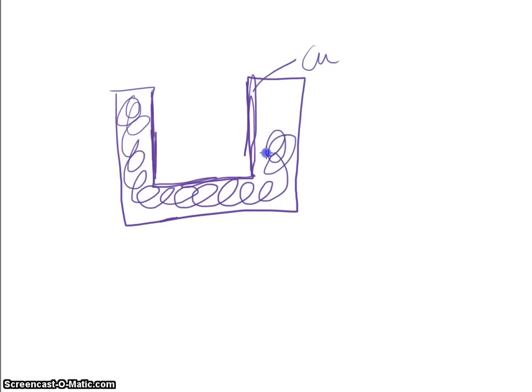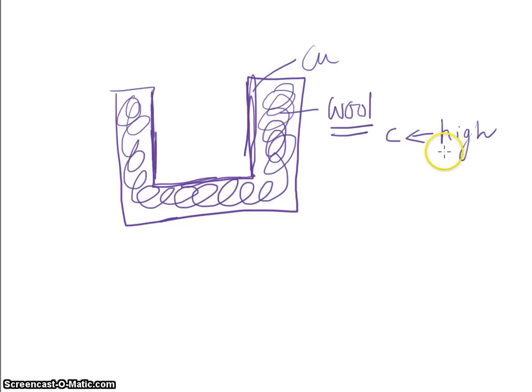Now why do we make this construction? Wool has a very high specific heat capacity, extremely high. What that means is that it's a very good insulator, right?